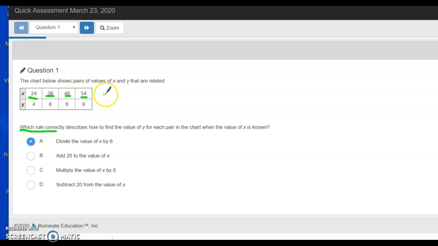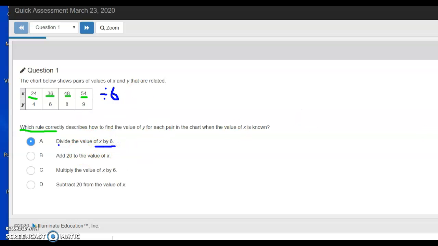A rule you could have seen is to divide by 6. 24 divided by 6 gives you 4. Then 36 divided by 6 gives me 6, 48 divided by 6 gives me 8, and 54 divided by 6 gives me 9. So a rule that applies to all is A, divide the value of X by 6.